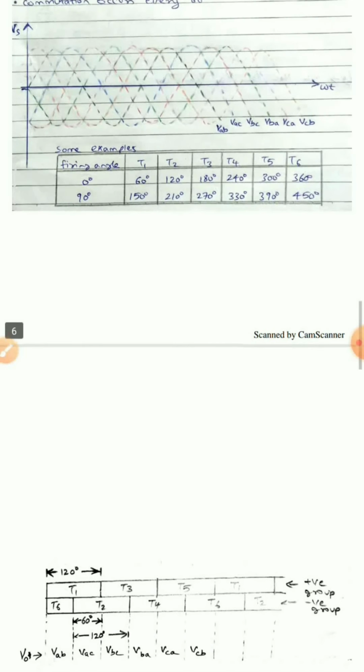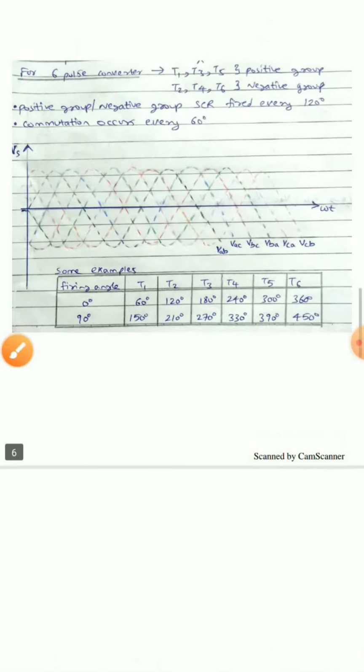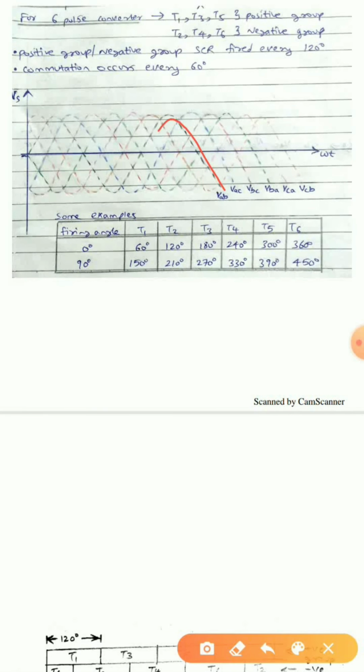So clearly we can see here that I am having VAB, VAC, VBC, VBA, VCA and VCB. Clearly it can be seen that the first waveform is of VAB, then after that VAC is starting. So this is quite clear about the waveforms.